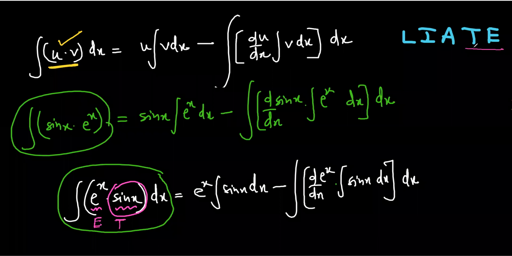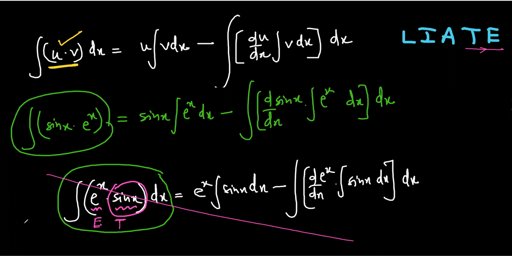Trigonometric should be ahead of E. So this order is not proper. You will not integrate it this way. This order is proper. I hope you all must have understood.